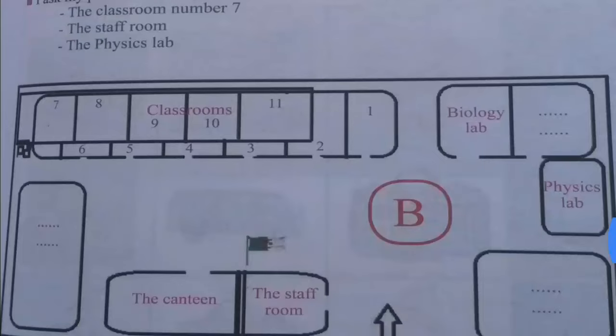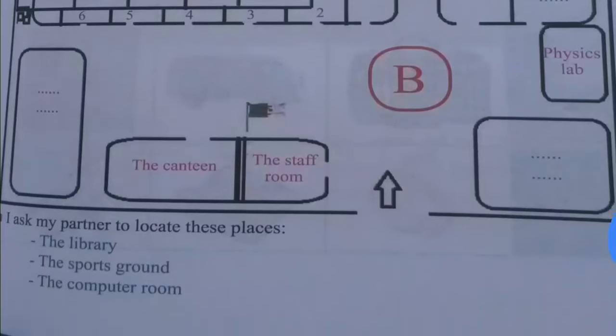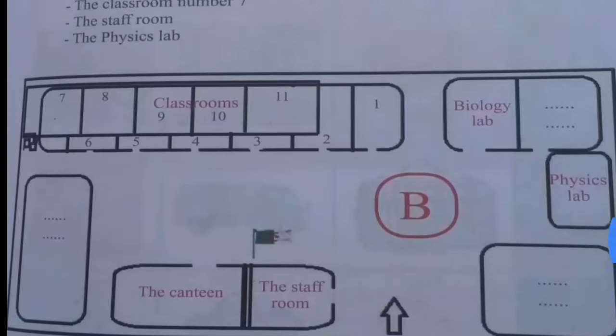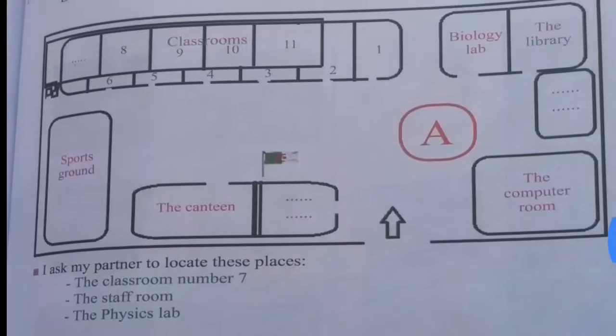ننتقل الآن إلى المجموعة الثانية. I ask my partner to locate these places. هذه المرة أسأل شريكي لتحديد مواقع الأماكن التالية: the library, the sports ground, the computer room. إذن ننظر إلى المخطط A, the library.